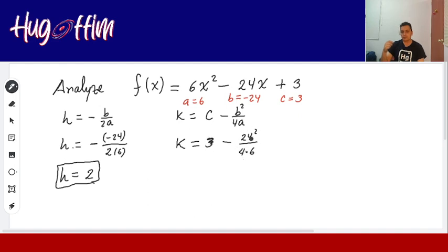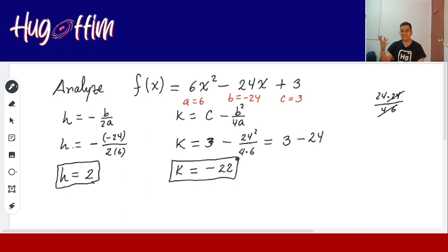Okay, I'm going to simplify this fraction here. So 24 squared over 24, because 4 times 6 is 24. So the answer of this fraction is going to be 24. So this is going to give me 3 minus 24. So k is going to be negative 22.